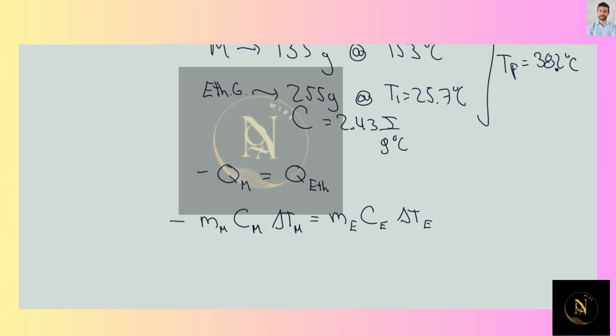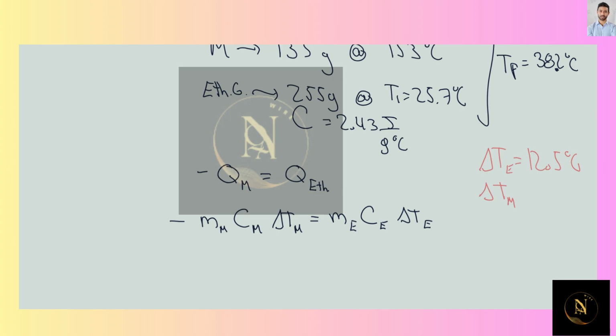For ethylene glycol, this is going to be 38.2 degrees Celsius minus 25.7. So delta T for ethylene glycol is equal to 12.5 degrees Celsius, and delta T for the metal is going to be negative because we go from a higher temperature to a lower one.